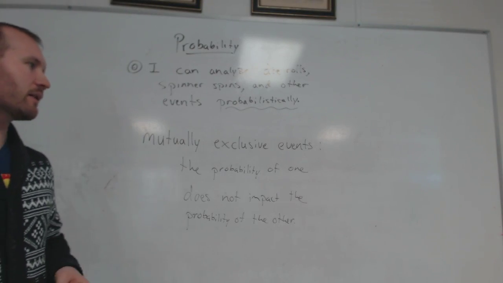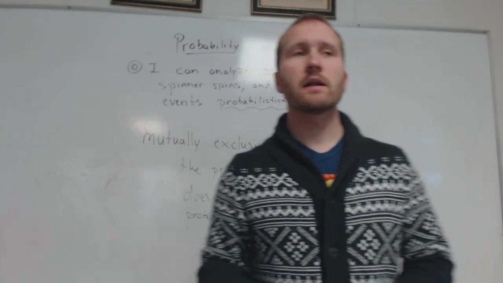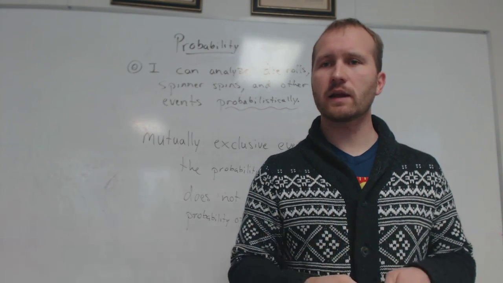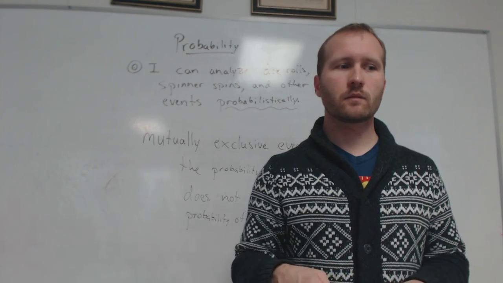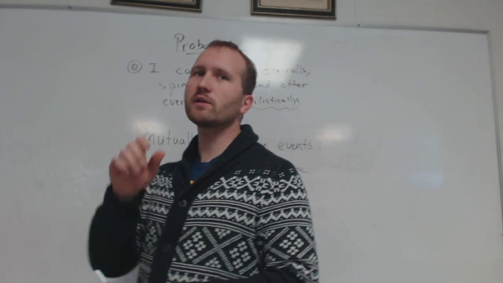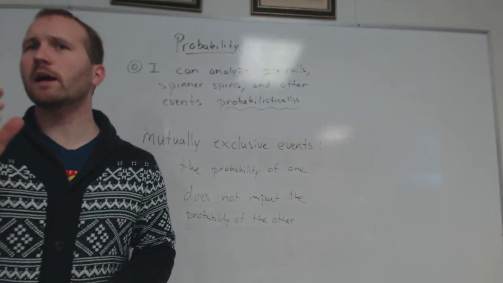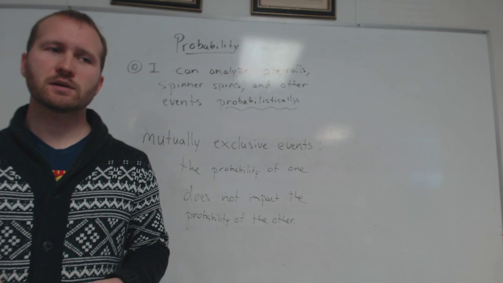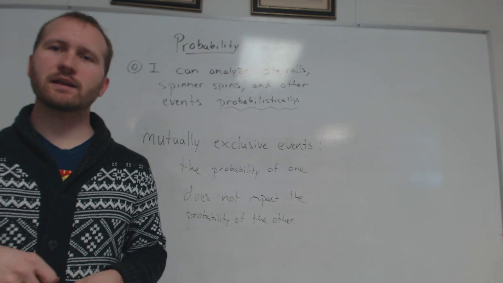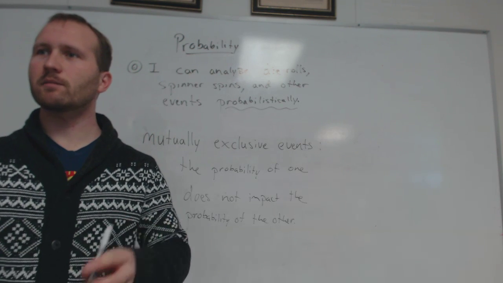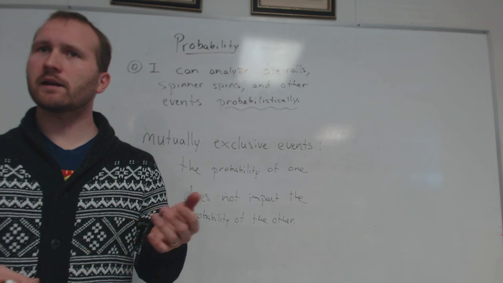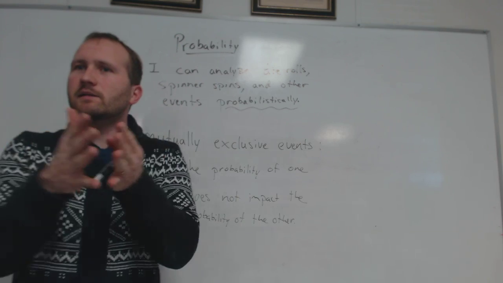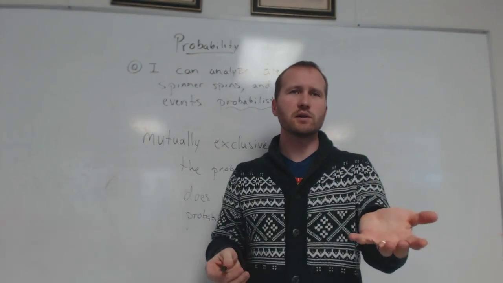An example of an event that wouldn't be mutually exclusive is, let's say I said, reach into a bag that's full of all the letters in the alphabet. Right? Each one of those cards has a color, blue, red, or yellow. What is the possibility that you pull out a letter that is in Ben's name or the letter that is blue? Those things are not exclusive, right? The B might be blue.